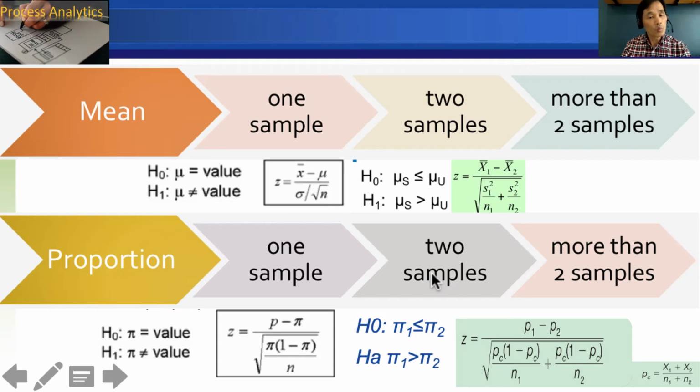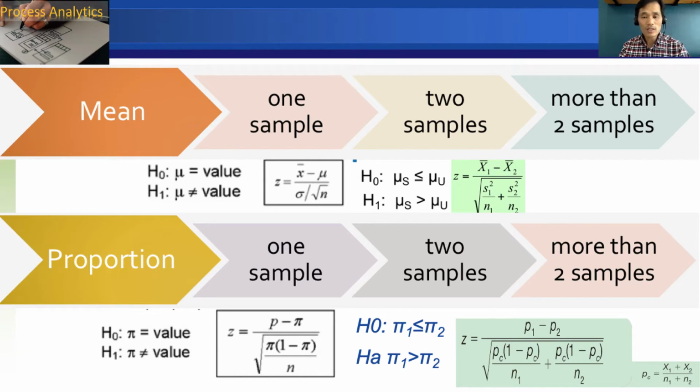If it's two sample proportion test, then you are going to be using this null hypothesis and alternative hypothesis. So pi 1 is less than or equal to pi 2, and alternative to that is pi 1 is greater than pi 2. And the formula is much more complicated. Z equals proportion of sample 1 minus proportion of sample 2 divided by square root of PC times 1 minus PC over N1 plus PC times 1 minus PC over N2.